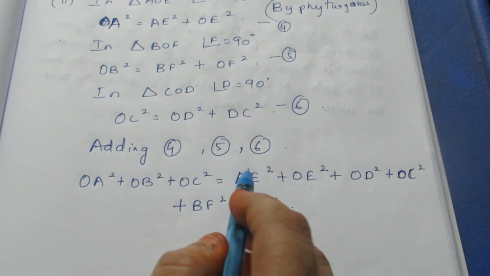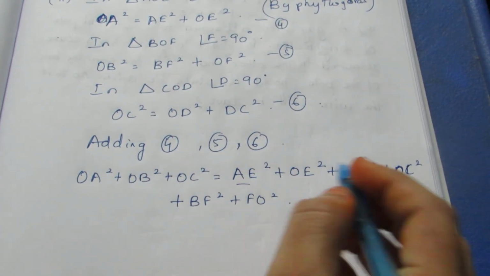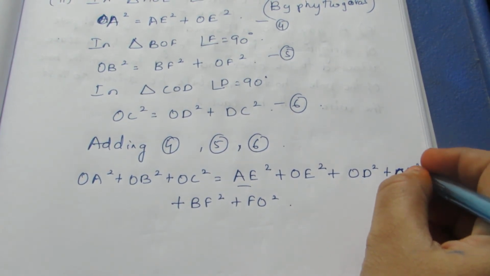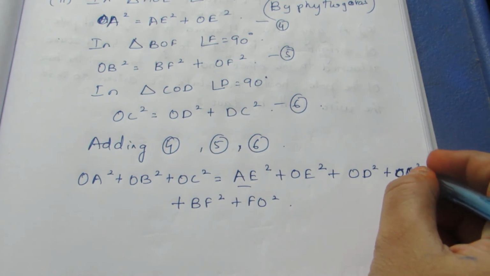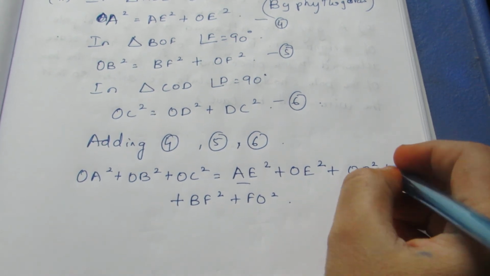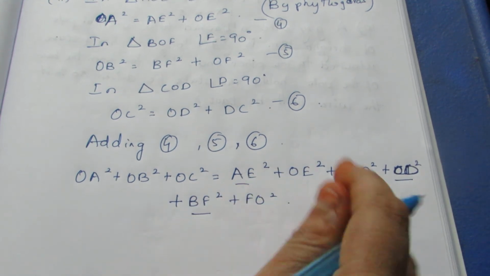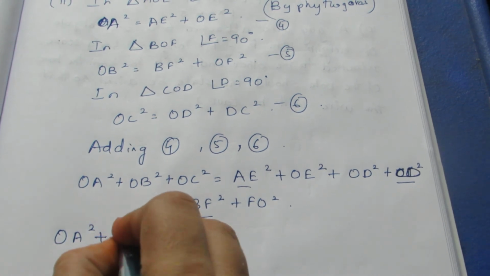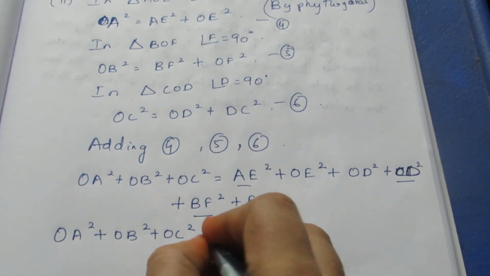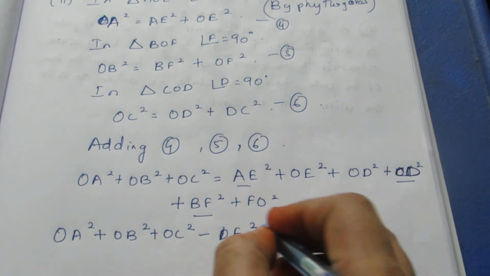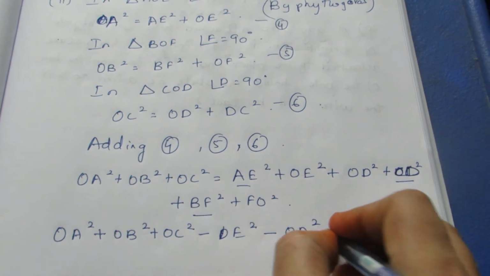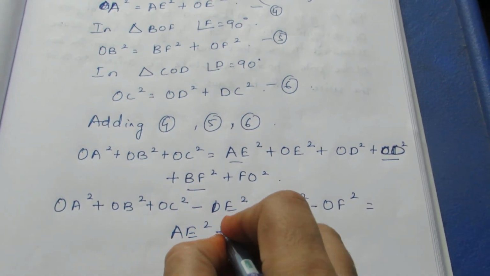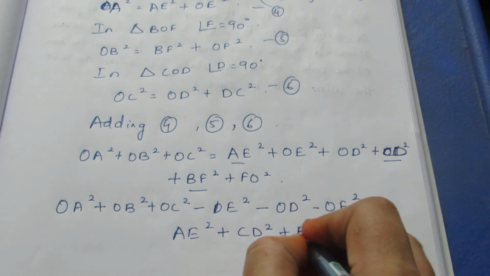Now we want only AE, CD and BF. Bring all the rest to the LHS side. Now OA square plus OB square plus OC square minus OE square minus OD square minus OF square is equal to AE square plus CD square plus BF square.